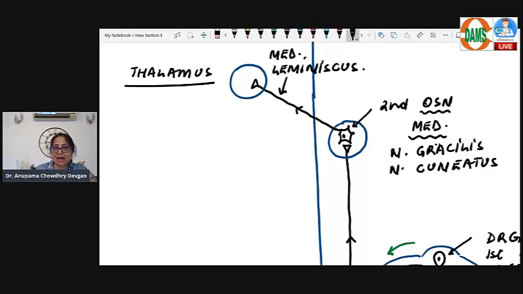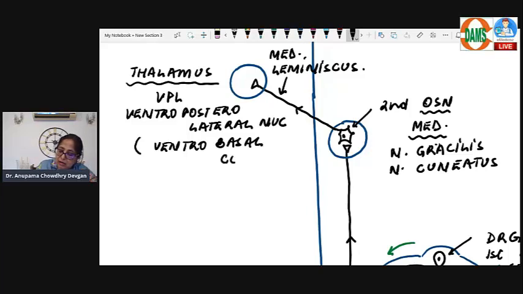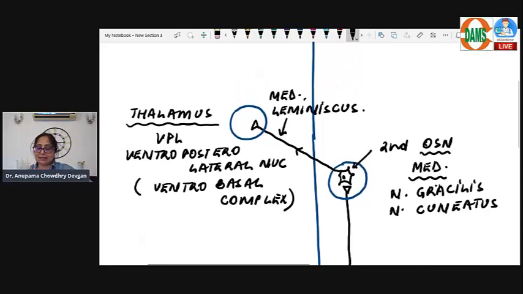And the nucleus of the thalamus with which it forms a synapse is what is known as the ventero-posterolateral nucleus, or also known as the ventero-basal complex.